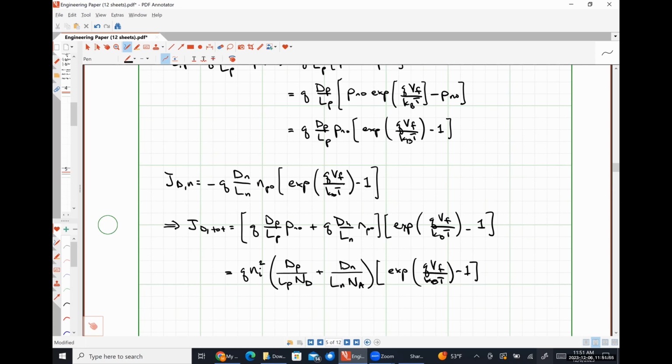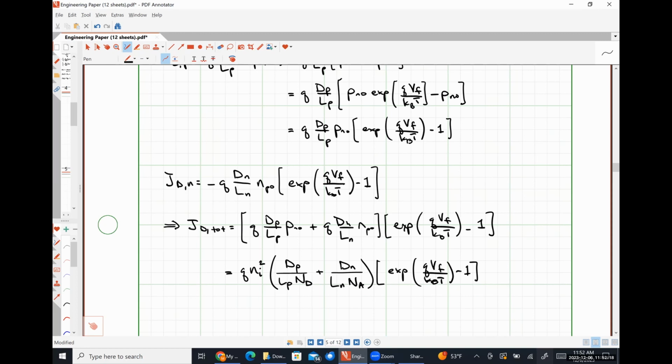One thing I want to point out really quickly, because it might seem counterintuitive: we have a term of dP over LP here, and then we also have ND. Why do we have ND here? Because the holes are diffusing on the N side of the crystal, since we're dealing with minority carrier diffusion. It seems like we should have NA because both relate to holes, but ND is absolutely correct.